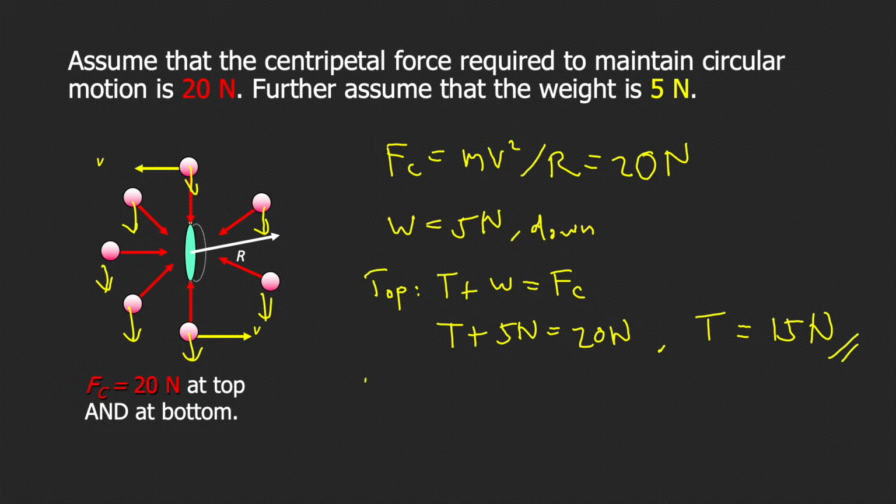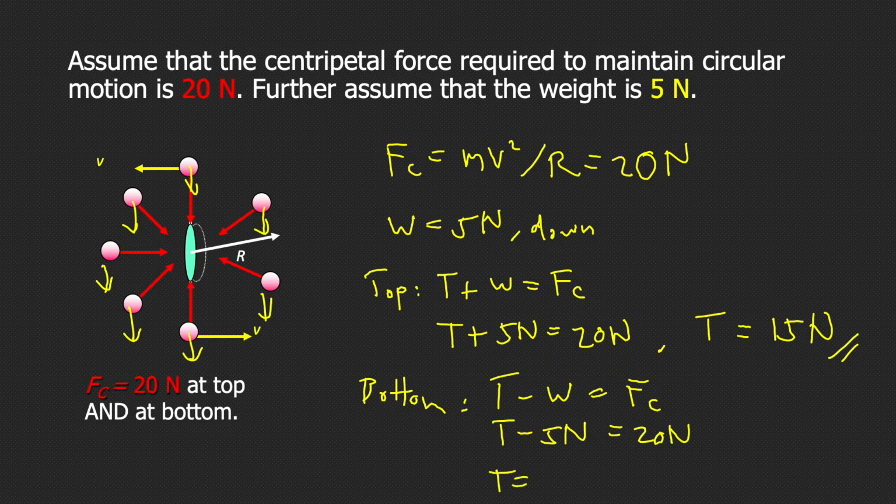At the bottom, since again the weight has opposite direction to the tension, T minus W is equal to Fc, which is T minus 5 newtons is equal to 20 newtons.